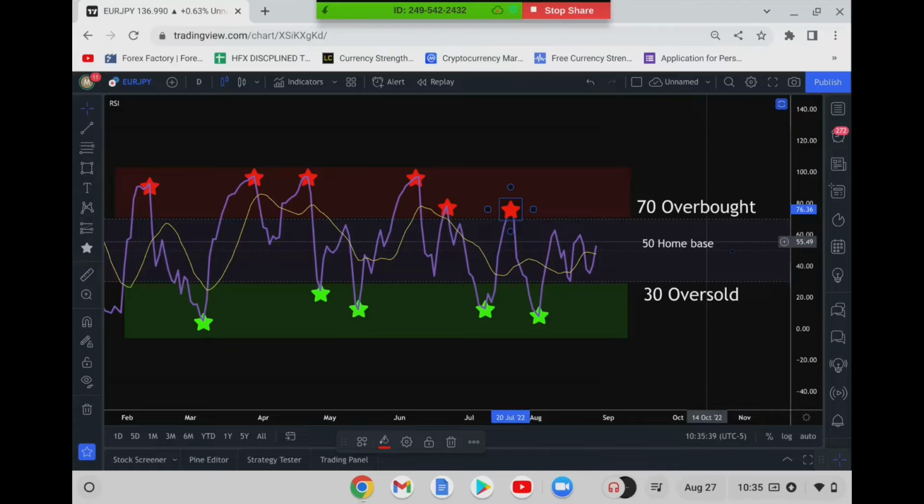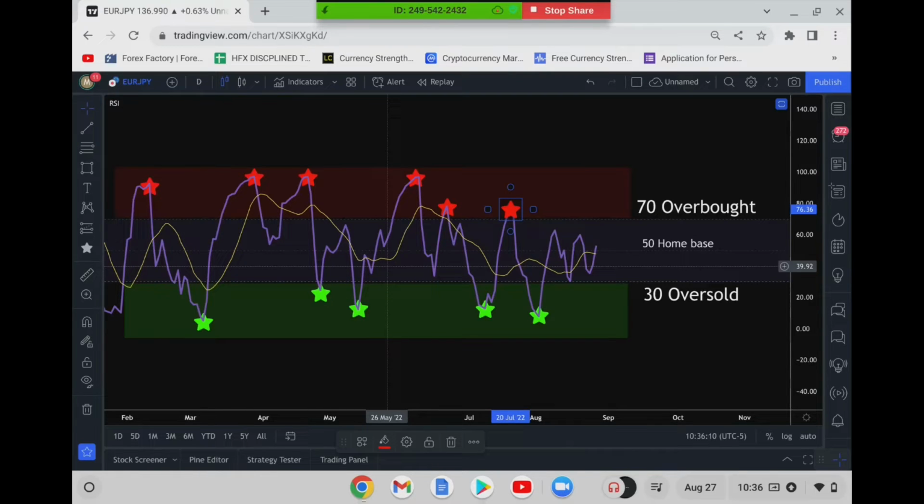Before I get to that, I do want to explain this yellow line here. I know a lot of you might be wondering, if the purple line is the RSI, what is this yellow line? Here with TradingView, they add a moving average onto the relative strength index. What this does is give you a better idea of the overall trend direction of the market.